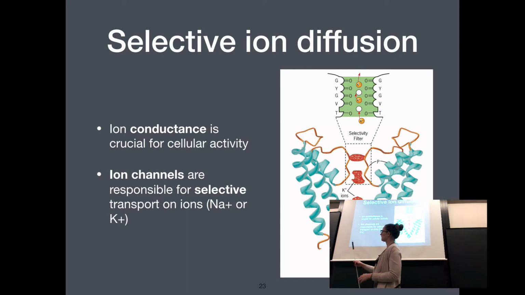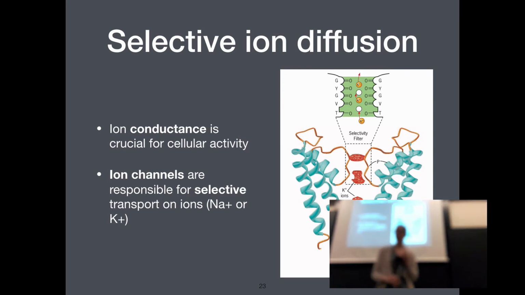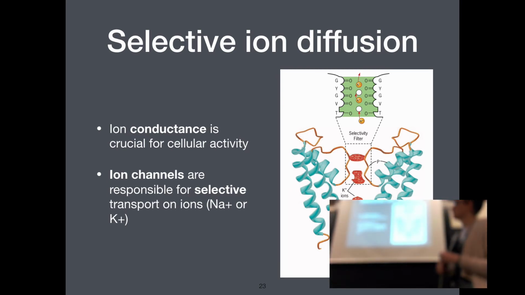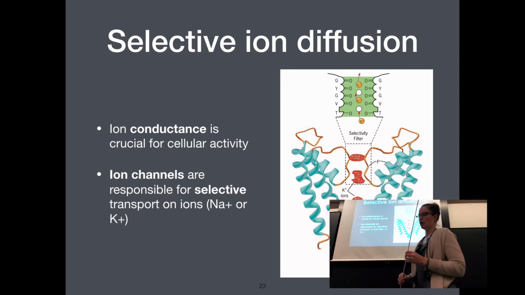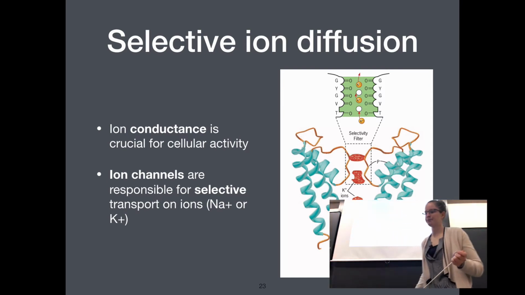I gave you the example of the sodium ion, whose equilibrium was governed by both the electrical energy and the chemical energy. And now I'm showing you the structure through which such ions can be transported.